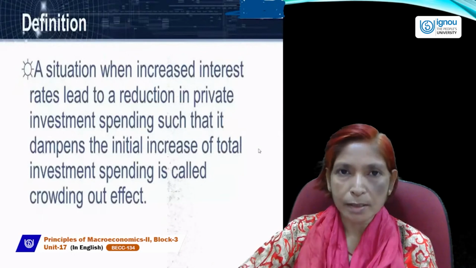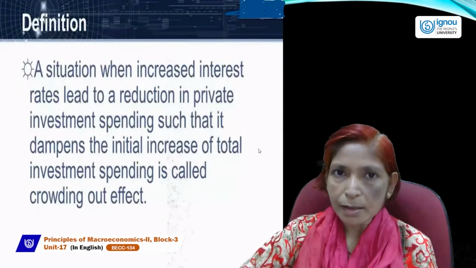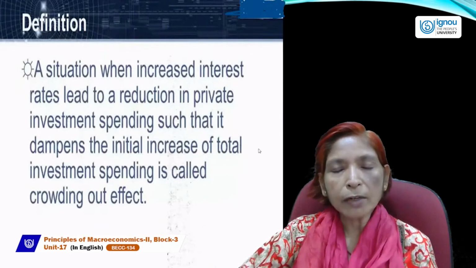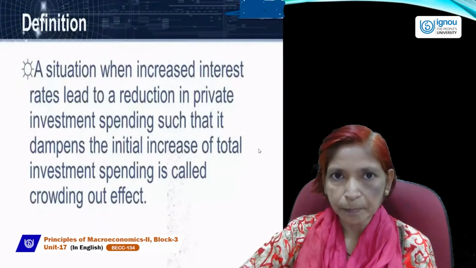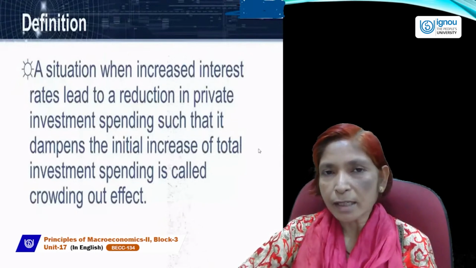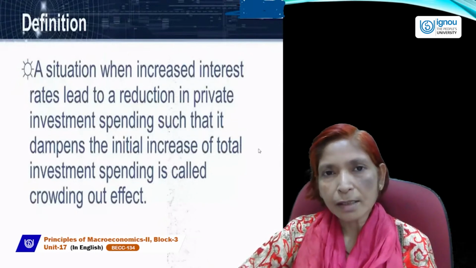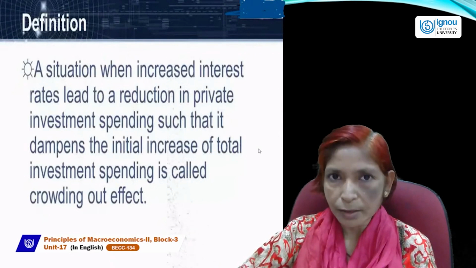In simple words, we can say that crowding out occurs when government follows expansionary fiscal policy. When government follows expansionary fiscal policy, in this case, the IS curve will shift to the right hand side.